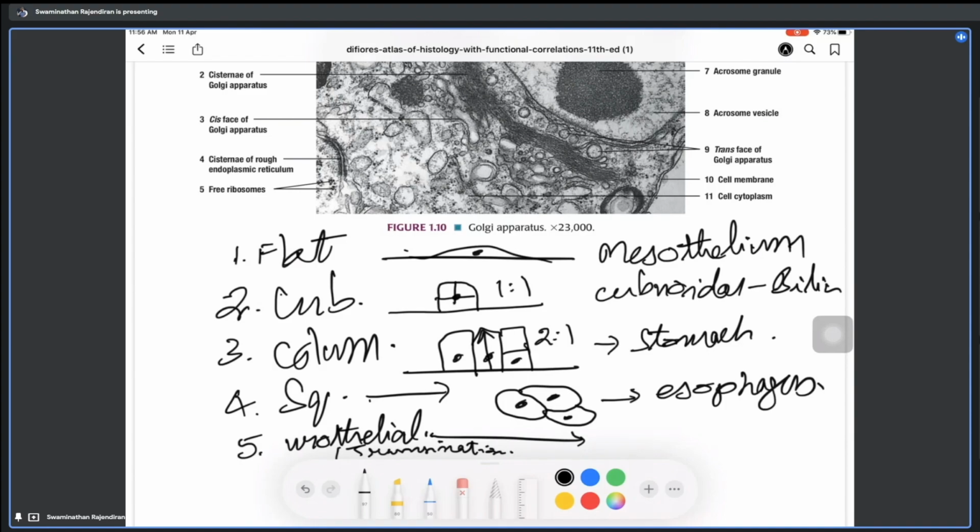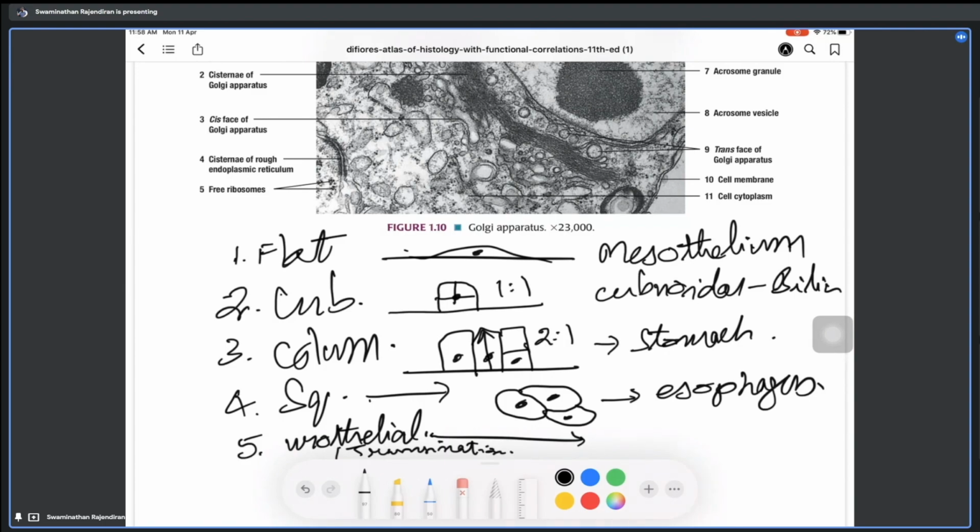Why is this important? In the thyroid, there is a tumor called the columnar cell variant of papillary carcinoma. There the criterion is that the height of the tumor cell is more than 2 times the width of the tumor cell.